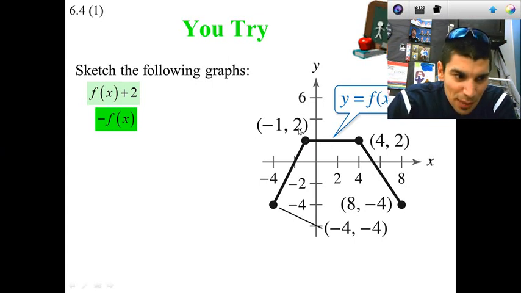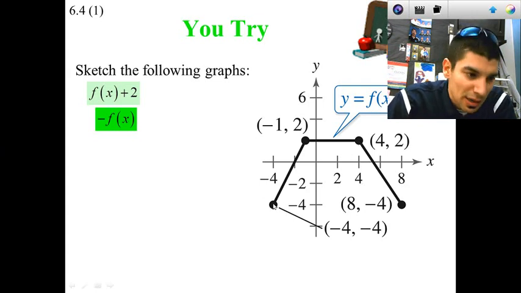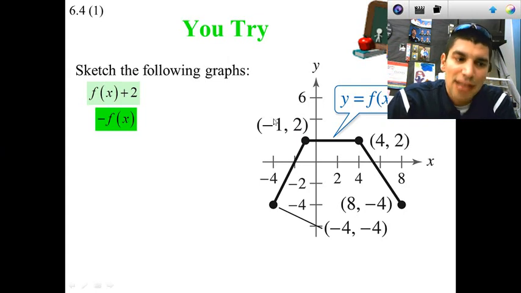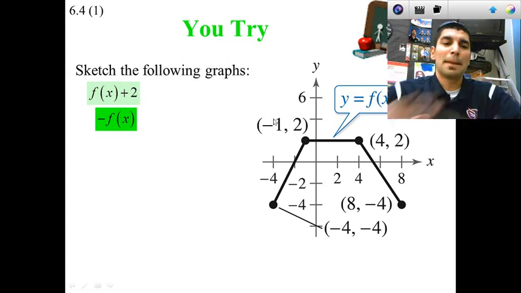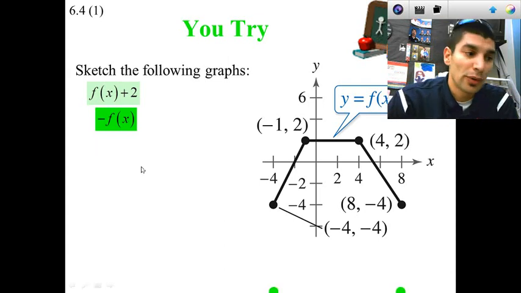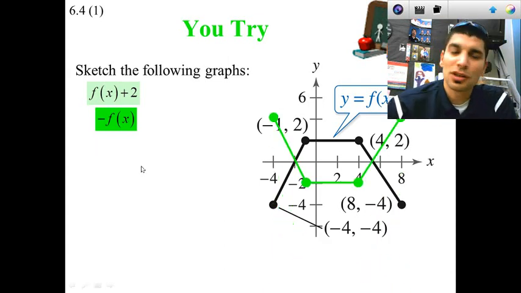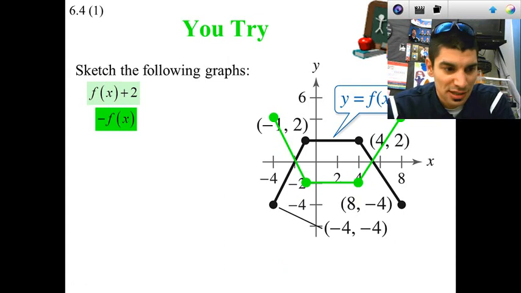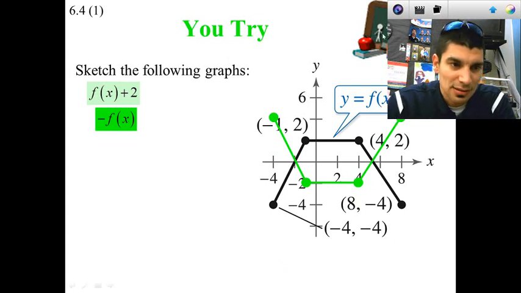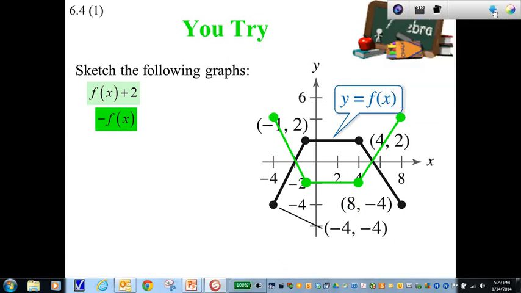This part here, a positive, comes down to negative 2. This part here that was at a negative 4 becomes a positive 4. And so this graph is just going to flip both directions, and it looks like this. This is the green graph, by the way. You see how that green graph is a reflection about the x-axis.